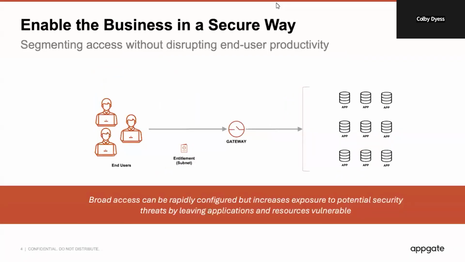As I was describing, in this before scenario, you've got the teams that moved very quickly and configured a broad entitlement, maybe a couple of broad entitlements, perhaps an entitlement for each subnet that they want to grant access to. So this mimics the legacy VPN access.